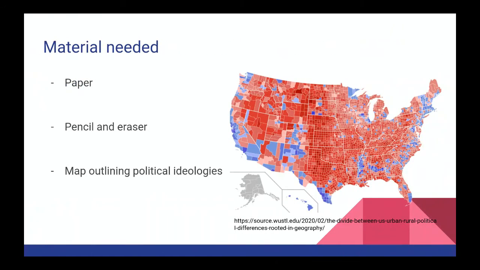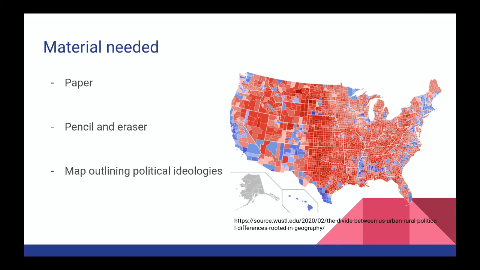Now, in order to gerrymander, you will need a paper, a pencil, and an eraser, as well as a map outlining political ideologies in your territory. For example, let's say your territory is the US. You will probably need a map like this one, which outlines how every single county voted in the 2020 election.